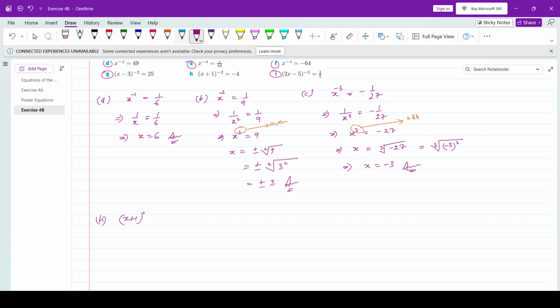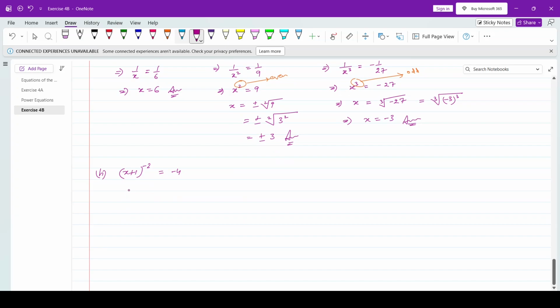(X plus 1) raised to the power negative 2 is equal to negative 4. Now, to make this power positive, this becomes 1 divided by (x plus 1) raised to the power 2. This is negative 4. So now if we take the reciprocal again, this becomes (x plus 1) raised to the power 2 is equal to negative 1 divided by 4.